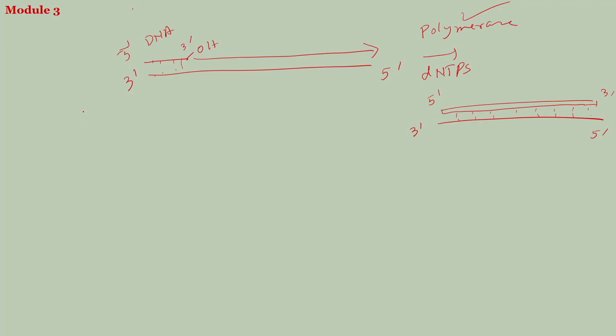Since this is happening, you are not creating Okazaki fragments, and therefore you do not need the DNA ligase to ligate them. And since you do not have the RNA primers, you do not need to destroy them, so the enzyme RNase is also not required.